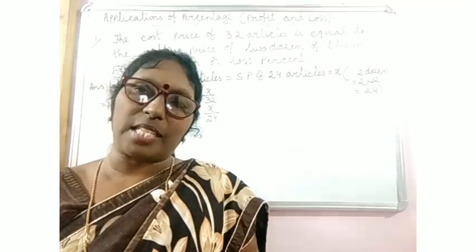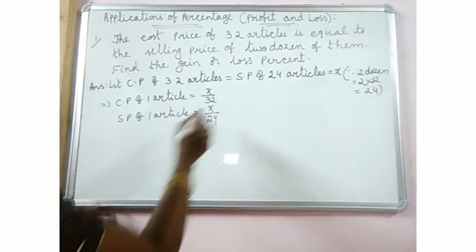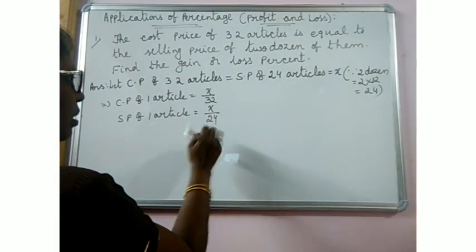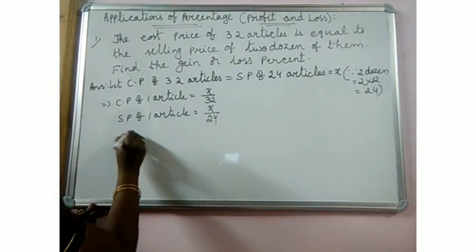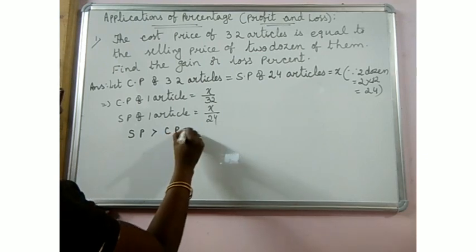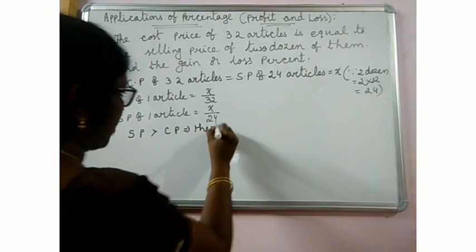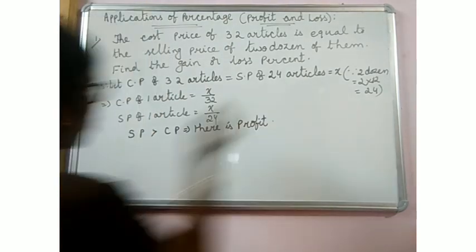The fraction having the larger denominator is smaller. Yes or no? So here X by 24, the denominator is small, so this is large. So here SP is greater than CP. That implies there is profit. If SP is greater than CP, there is profit.